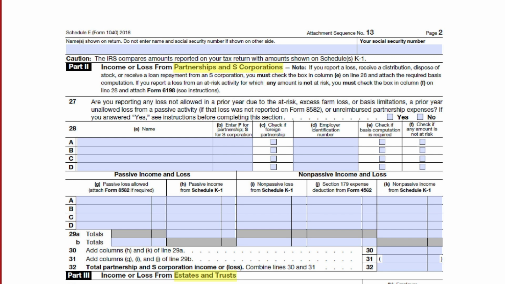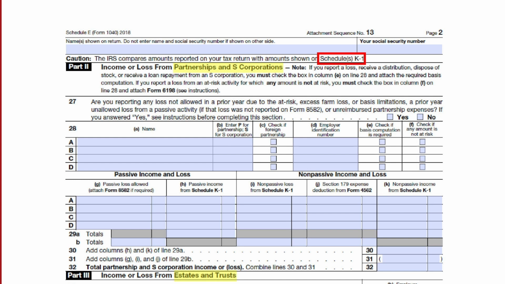It says the IRS compares amounts reported on your tax return with amounts shown on Schedules K1. So an individual gets a K1 from each partnership that he's a partner in.